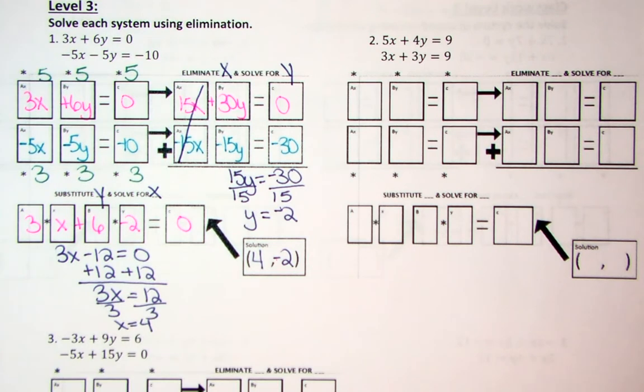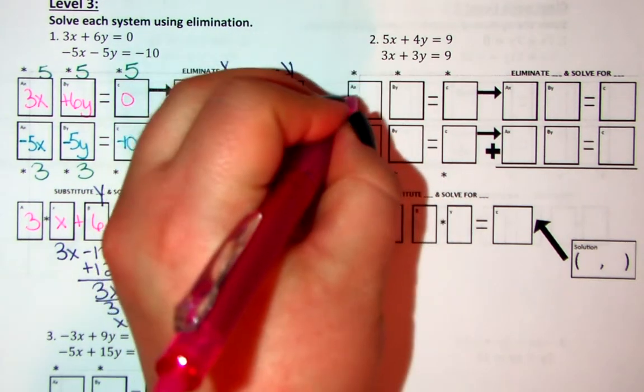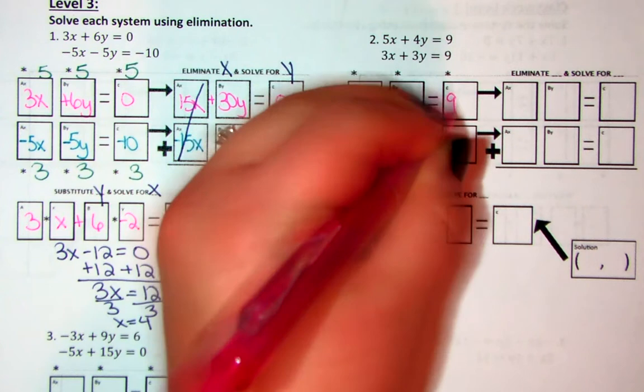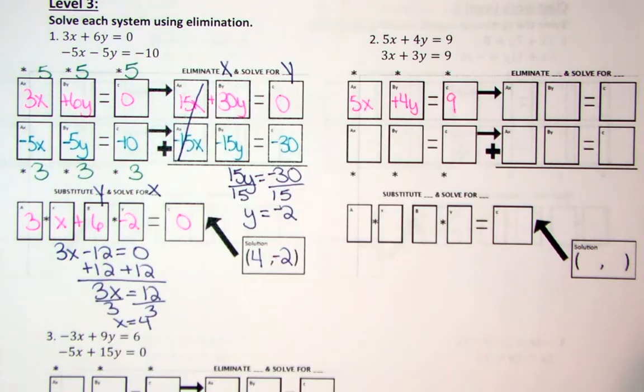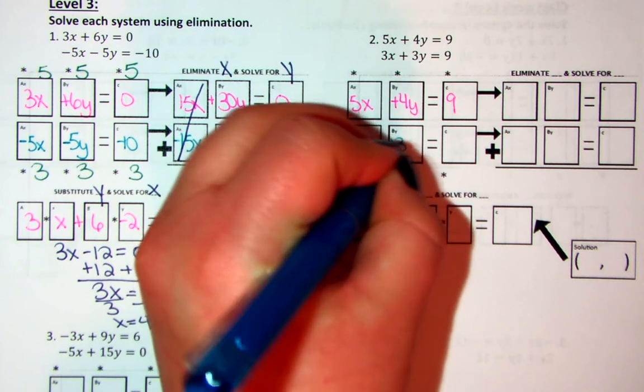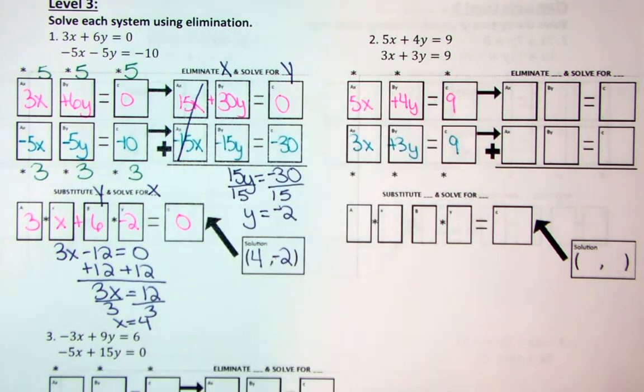In the next problem, we're going to need to make sure our variables are lined up. So we have 5x plus 4y equals 9. And the second equation is 3x plus 3y equals 9.